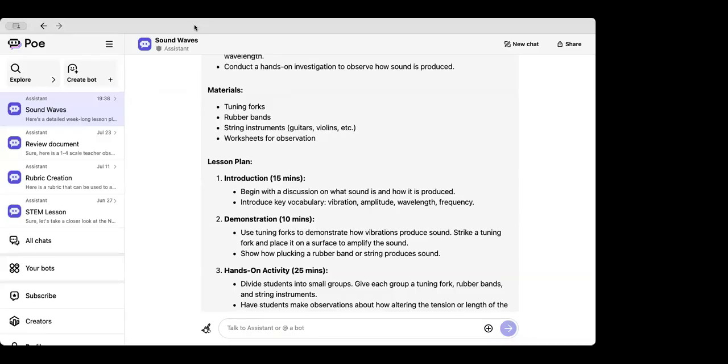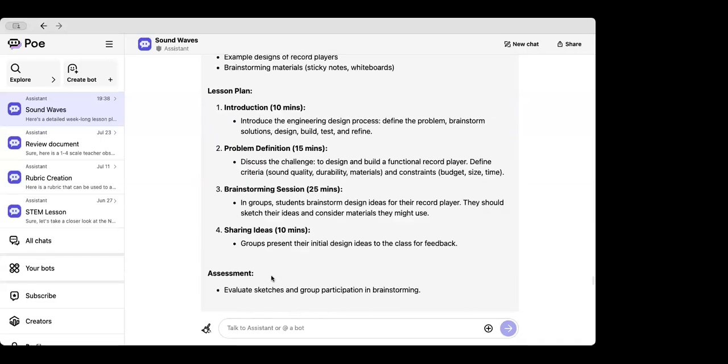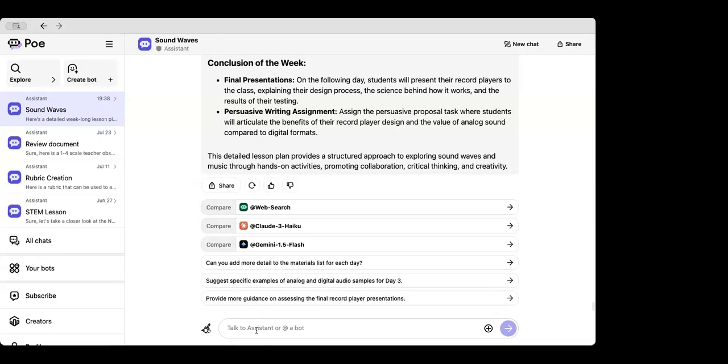That's a great question. And when David is looking for this, all I want to say is that this is for actual teachers to develop this unit by prompting Poe.